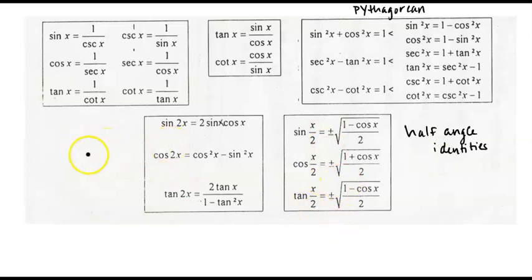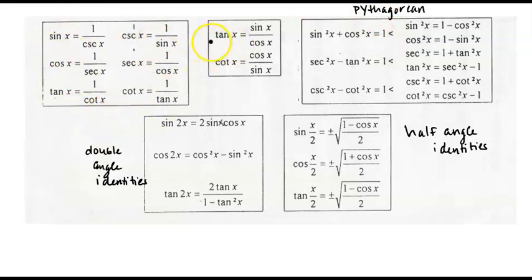We've got our double angle identities to the left. All right, and particularly, we should know the Pythagorean identities, these 6 trig ratios.